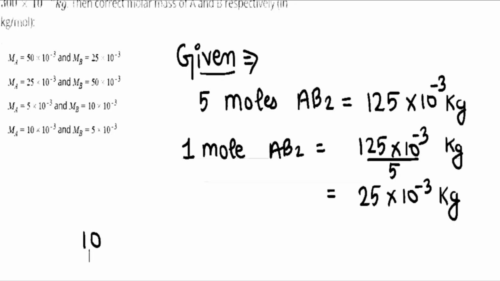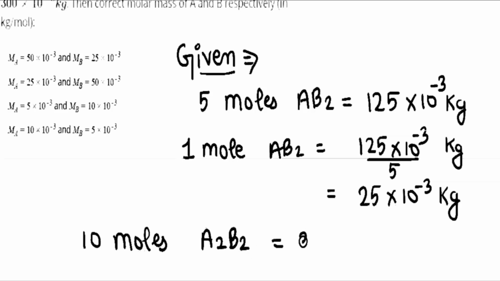It is also given that 10 moles of A2B2 weigh 300 into 10 to the power minus 3 kgs.